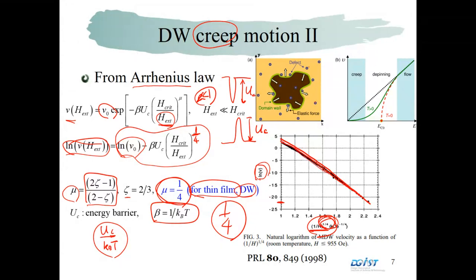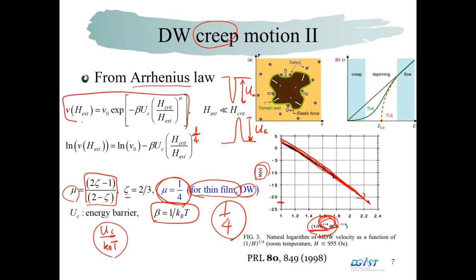So it's quite a large variation of the velocity V because it's a logarithmic scale. In this large range of the domain velocity, the behavior can be explained by this kind of simple motion.